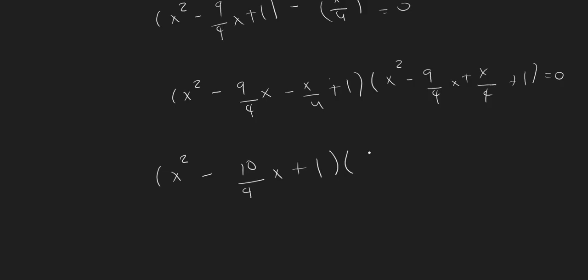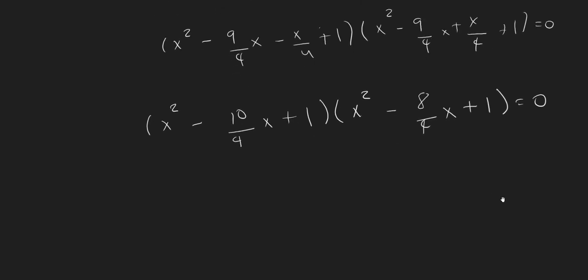Then here we get x squared minus 9 minus 1, which is, well, what is going on with me? I'm getting confused on the easiest things. Okay, x squared minus 9 minus 1, that's minus 10 over 4 x. I'm sorry, I was getting confused with those most simple things. I don't know what happened to me there.